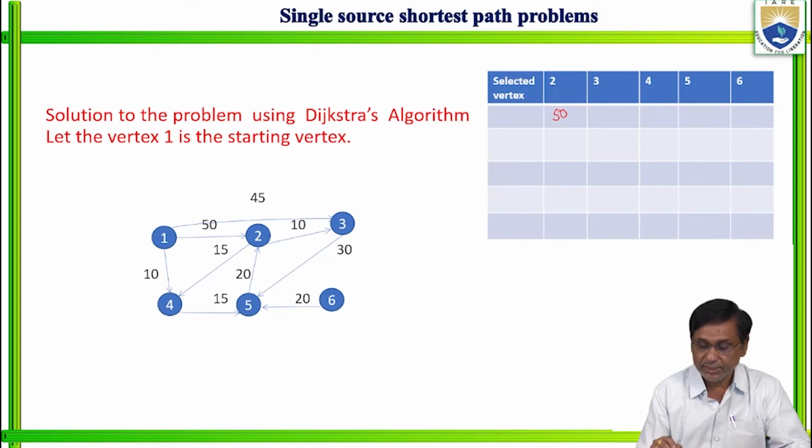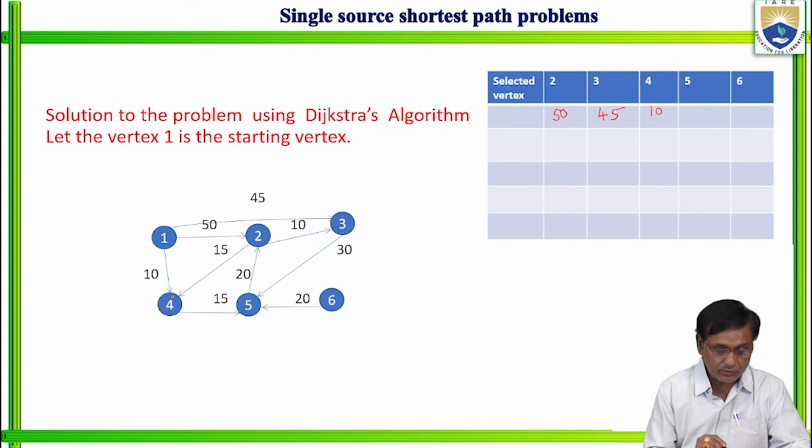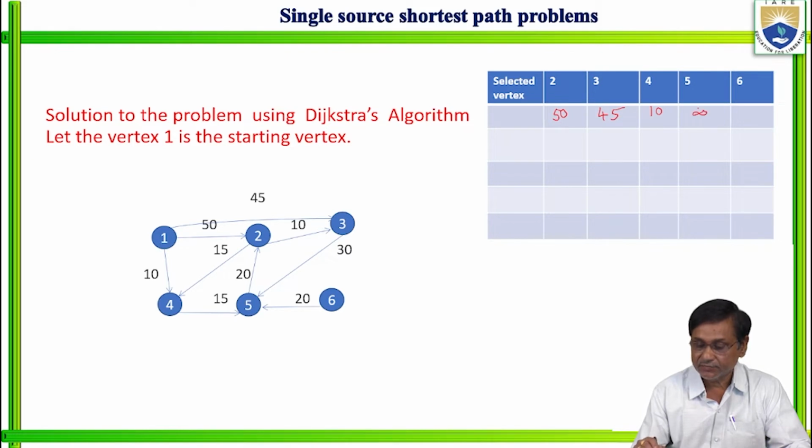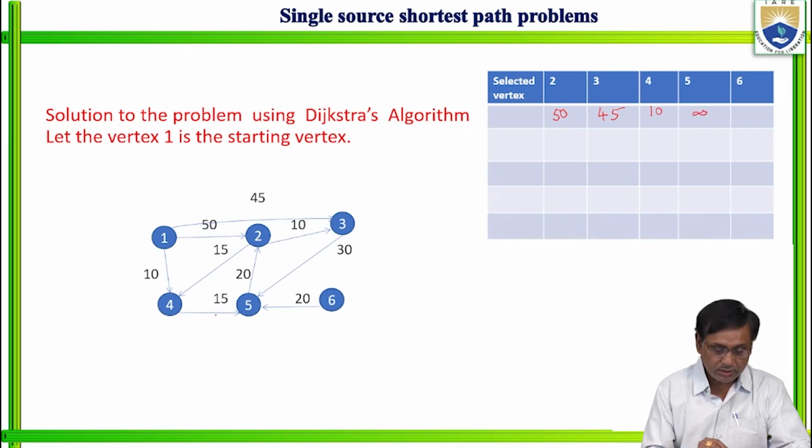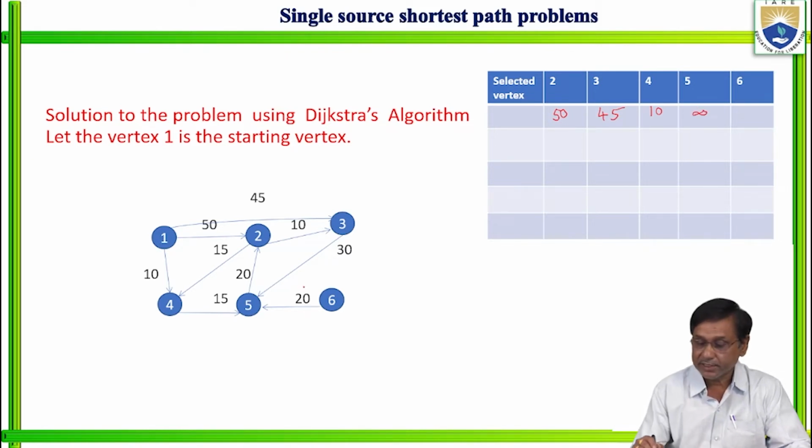Then 1 to 3 is 45. Then 1 to 4 is 10. Then 5 is not connected with 1, so it can be taken as infinity. And 6 is also not connected, so we can take it as infinity.